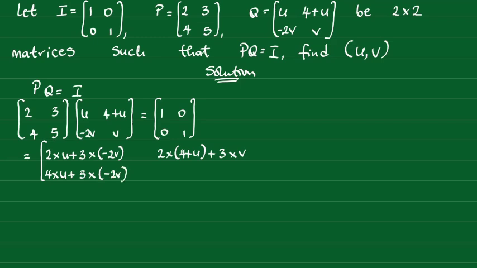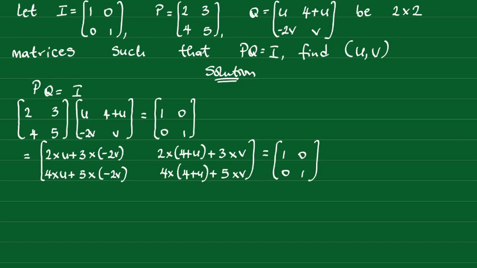And lastly, we have 4 times (4 plus U) plus 5 times V. This is equal to (1 0 0 1).